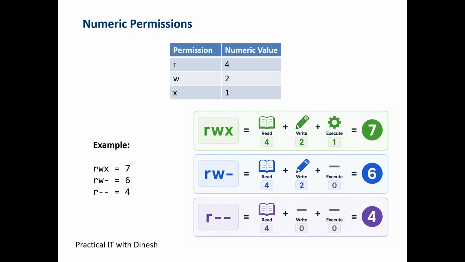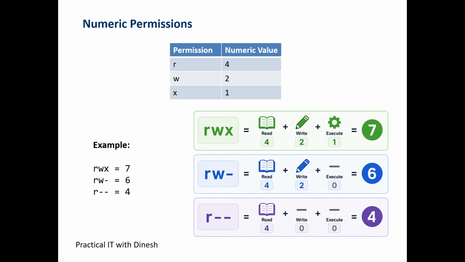Linux also represents permissions as numbers. R is equal to 4, W is equal to 2, and X is equal to 1. We simply add these values together.